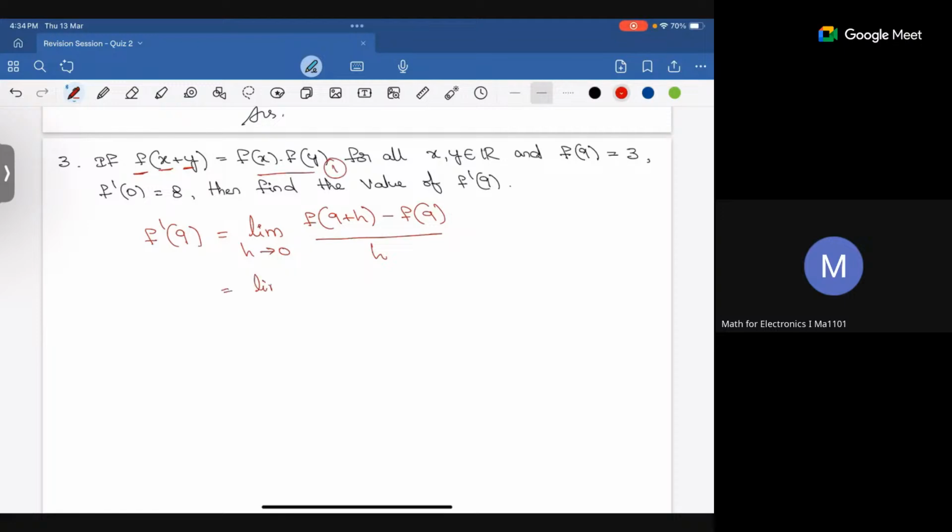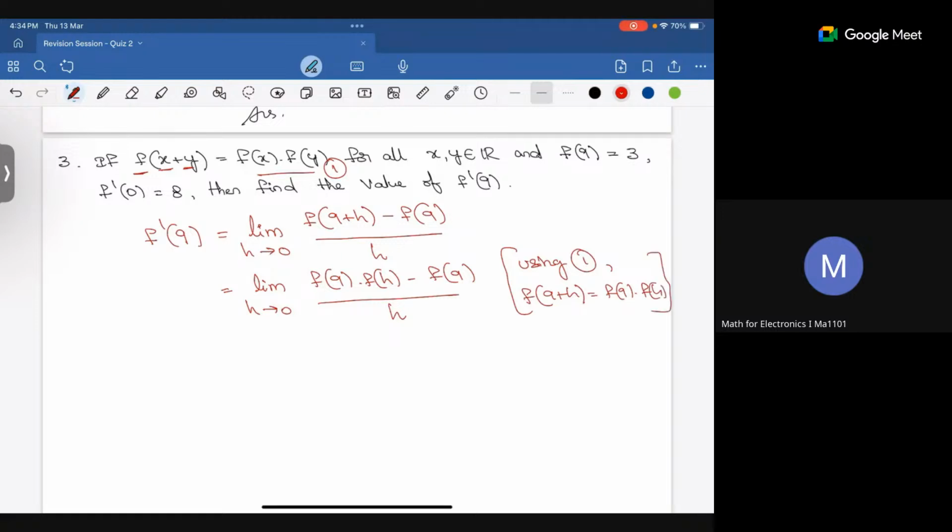So I am writing this as limit h tends to 0, f of 9 plus h, I am going to write it as f of 9 into f of h, minus f of 9, divided by h. So how am I writing? Using condition 1, I can write f of 9 plus h as f of 9 into f of h. Right, I can do this.